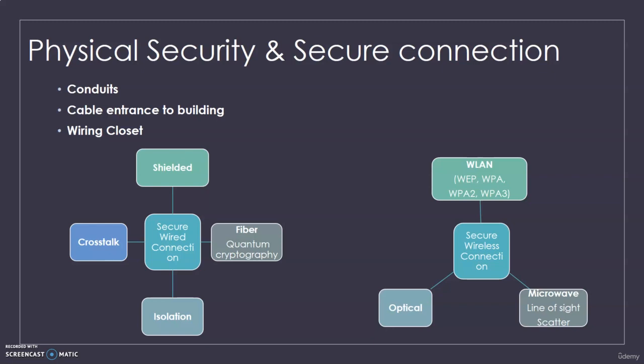We also have, of course, the need of isolation. Sometimes we will make sure that a networking cable is well isolated from other power cabling, or even that sensitive cabling is quite separate from the cabling that is not containing sensitive data. We have to worry about crosstalk.